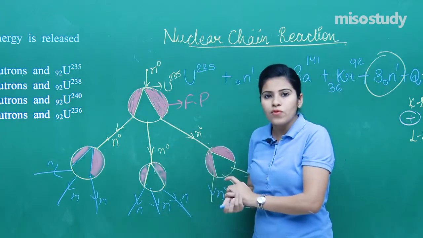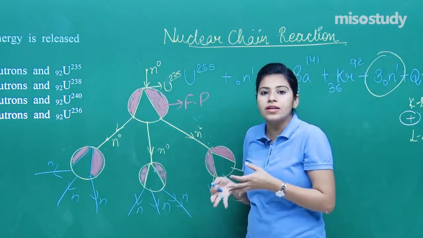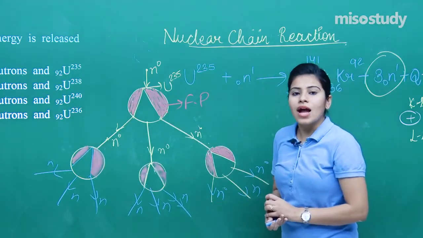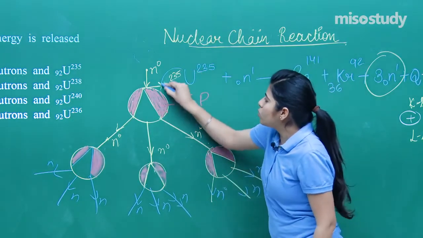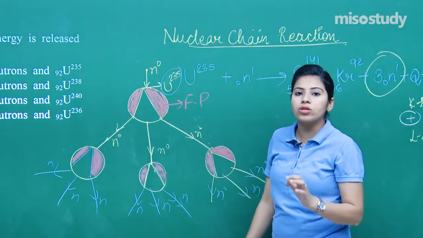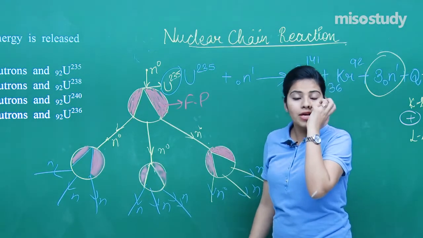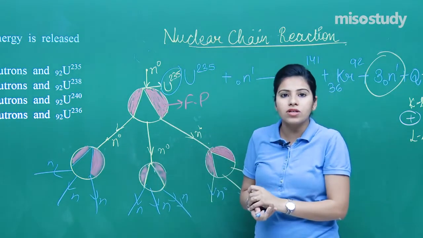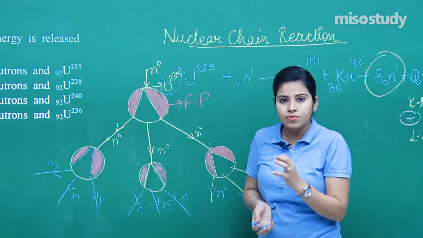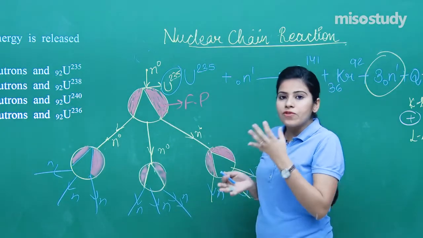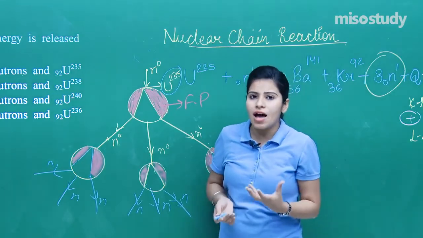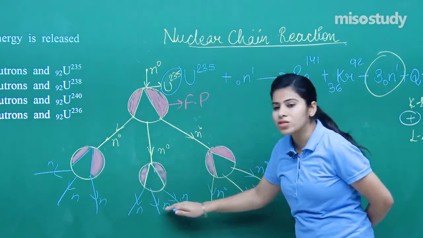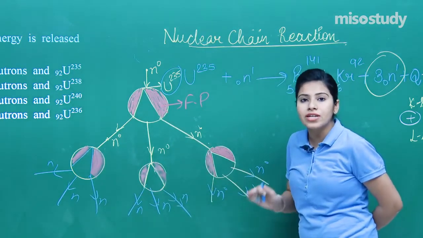Because this fast moving neutron is able to further proceed the reaction by hitting them and giving more neutrons, that is why we can say only U-235 is able to show the nuclear chain reaction. Because for U-238, you are not going to have this controlled chain reaction, right? So if you want to make the atom bomb, you have to proceed the nuclear chain reaction because these neutrons are going to multiply every time.